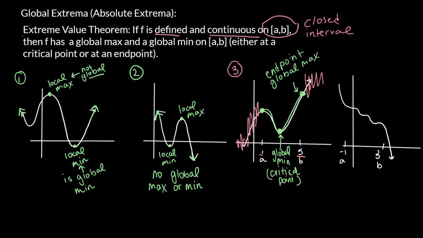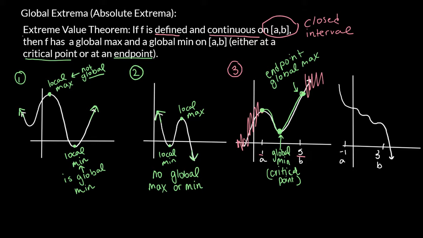So when we're looking at the whole graph, like examples 1 and 2, we will not necessarily have both a global max and a global min, but if we're looking at a closed interval, we definitely will have both. So in example 3, we have both a global min and a global max, and they must happen at either a critical point or an endpoint.